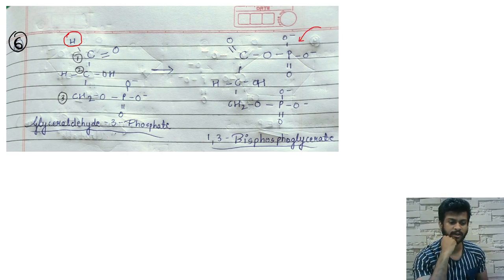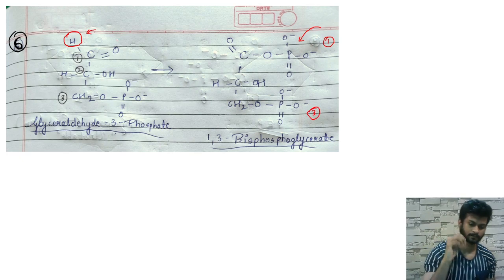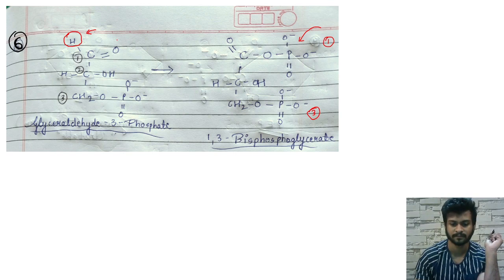Name will change from glyceraldehyde 3-phosphate to 1,3-bisphosphoglycerate, because now there is addition of phosphate group at first position also, and phosphate group at third position also. So the name has been changed, and there is removal of hydrogen atom also. Okay, so you can easily deduce this structure.